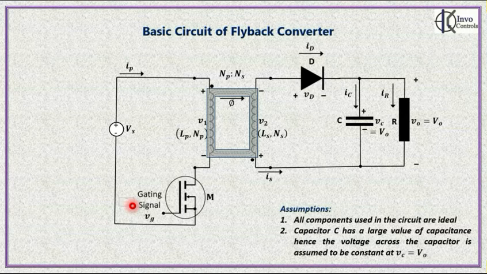As you can see in the circuit itself, when the MOSFET is on, the supply delivers power to the primary of the transformer. And when the MOSFET is off, it will act like an open circuit, so no current and hence no power will be drawn from the supply. Let's have a closer look at the gating signal.